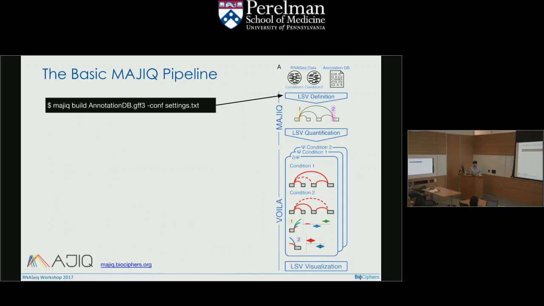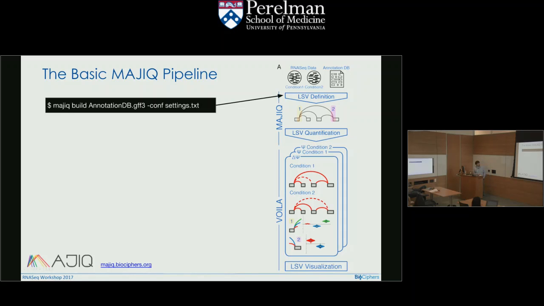So the basic MAJIQ pipeline looks like this, and Yosef mentioned this before. In this workshop, we're going to assume that you've already mapped your data. The data on the cluster is BAM files that are sorted and indexed already, so you can choose your favorite mapper. We prefer STAR for the speed and accuracy.